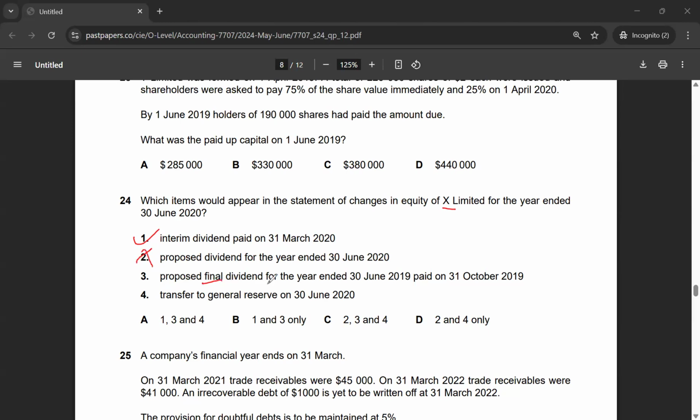Proposed final dividend for the year ended 30th June 2019, paid on 31st October 2019, will also show up. Transfer to general reserve on 30th June 2020 will also show up. So the correct answer for multiple choice 24 would be option A. Items 1, 3, and 4 would appear on the statement of changes in equity of X Limited for the year ended 30th June 2020.